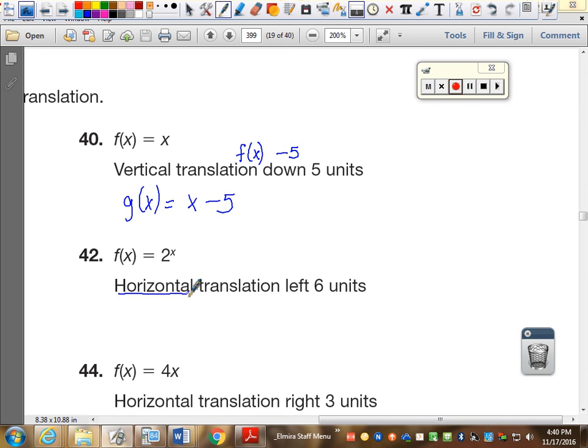Horizontal translation, left 6 means plus 6 only for the x, not f of x. So g of x would equal 2 to the x plus 6 power, adding 6 only to the x.